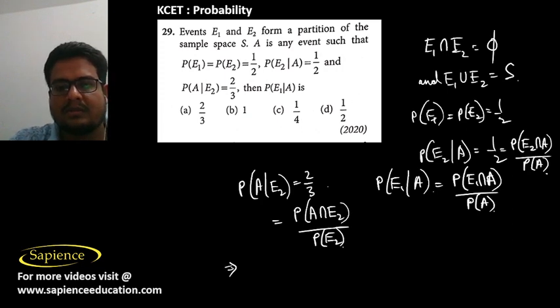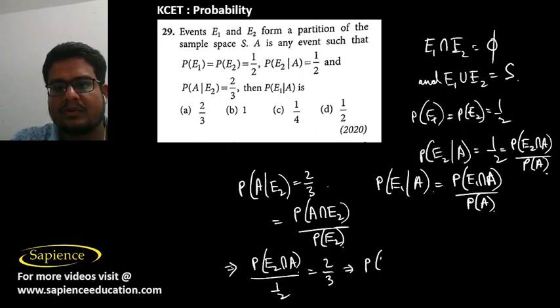That means that P of E2 intersection A divided by P of E2, that is half, is equal to 2 by 3. So P of E2 intersection A is equal to 1 by 3.